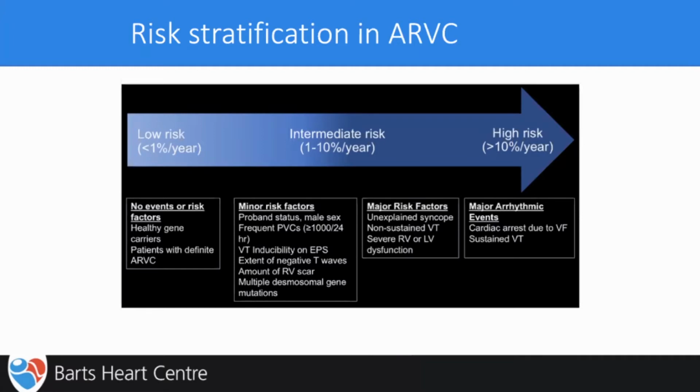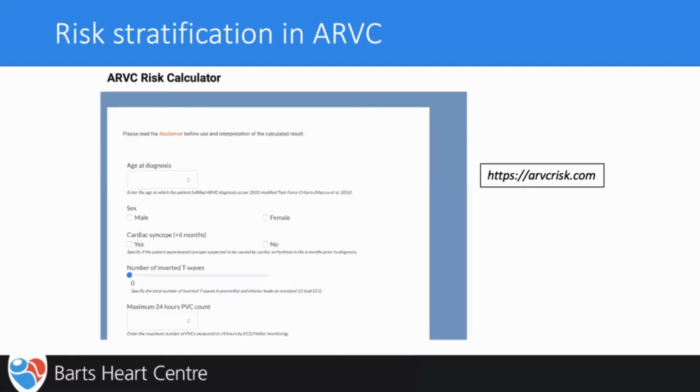So some of the major risk factors would be arrhythmias that we pick up on the Holters, unexplained syncopes, and a more significant phenotype, essentially. And the Johns Hopkins group, along with an international study, actually made a calculator for that, which you can find on the internet. You can plug in some of the data that we find, and it gives you a very specific number of risk, which can be used to risk stratify patients with arrhythmogenic cardiomyopathy and play a significant role in their management and decision making.